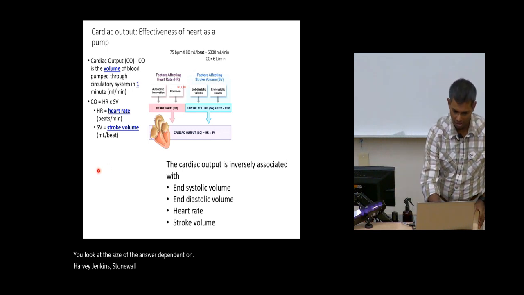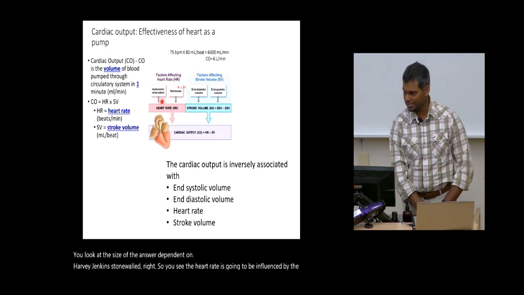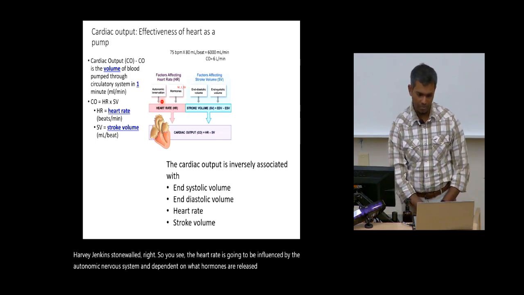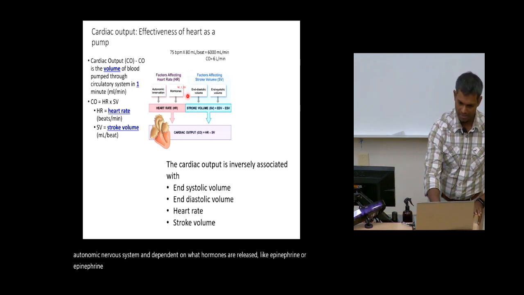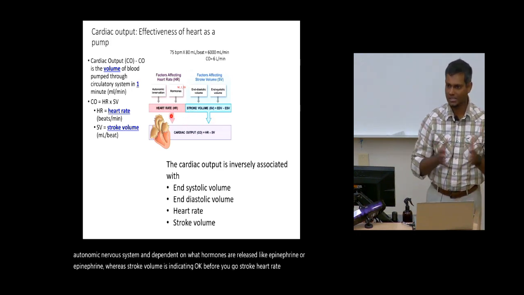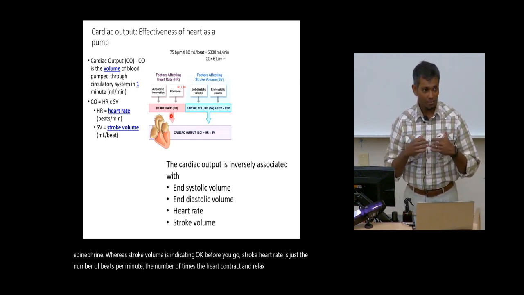So the heart rate is going to be influenced by the autonomic nervous system and dependent on what hormones are released, like epinephrine, norepinephrine. Whereas stroke volume, okay, before we go to stroke volume, heart rate is just the number of beats per minute, right? The number of times the heart will contract and relax per minute.